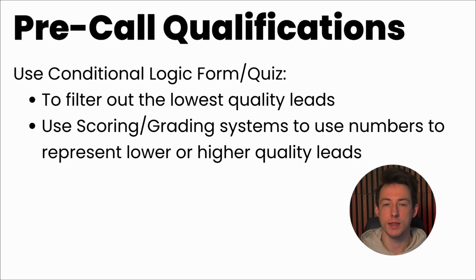If I said that I do $0 a month in gross revenue, I get 0 points. As they answer all these questions, there's a score associated with each answer. So you can say, hey, if the overall quiz grade is a 5, send them to a closer calendar. If the overall grade is below a 5, send them to a setter calendar. That way they have to get pre-qualified before they end up on a closer calendar.